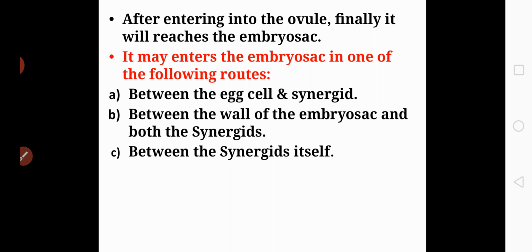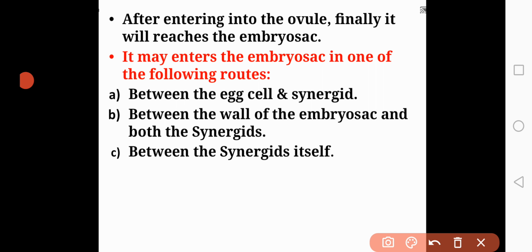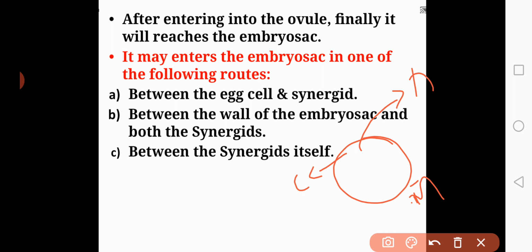Okay, that means now within the embryo sac, the ovule contains three groups of cells at the chalazal end. Say for example, this is the chalazal end and this is the micropylar end. Now in the chalazal end, it consists of antipodals, and at the center the secondary nucleus.